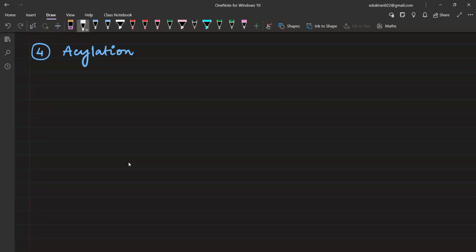ठीक है. Acylation में क्या होगा? You have RNH2. ध्यान से देखिएगा जरा.